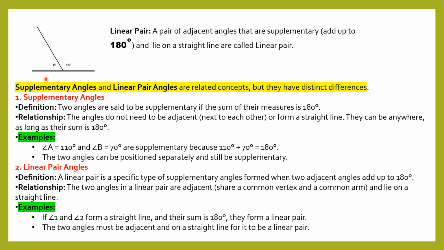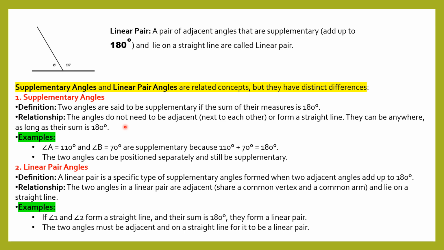Now, we know that supplementary angles are two angles that together give you a sum of 180 degrees, whereas a linear pair also adds up to give you a sum of 180 degrees. However, the difference lies in their position.